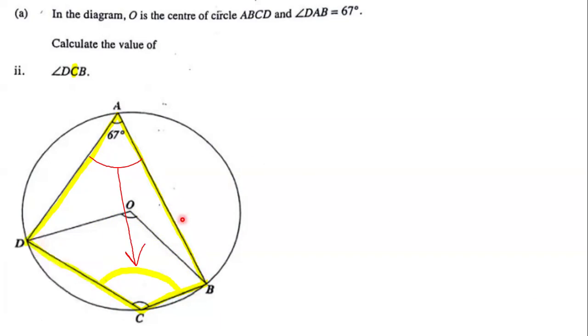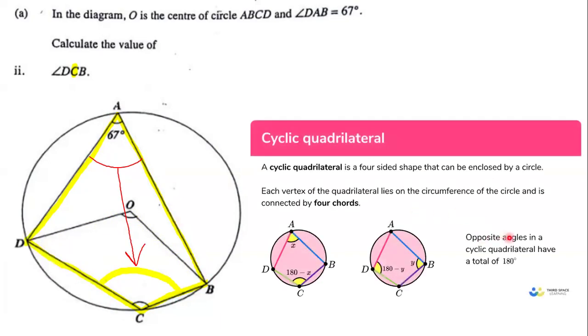The theorem says that opposite angles in a cyclic quadrilateral have a total of 180 degrees, which means that if this angle is x, then the angle opposite to it in a cyclic quadrilateral is going to be equal to 180 minus x, because when we add them, it should give us 180 degrees.